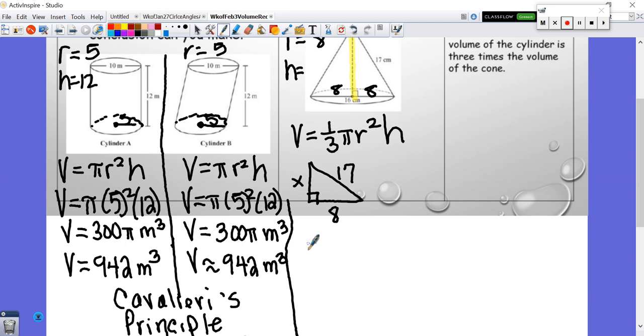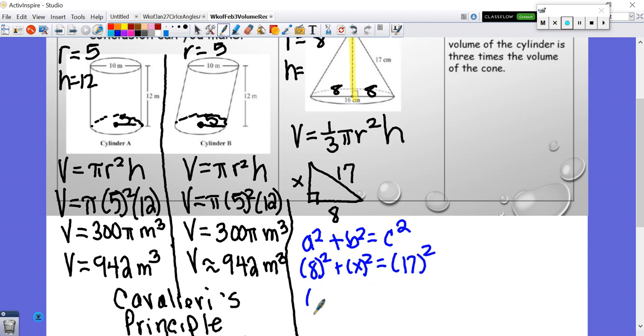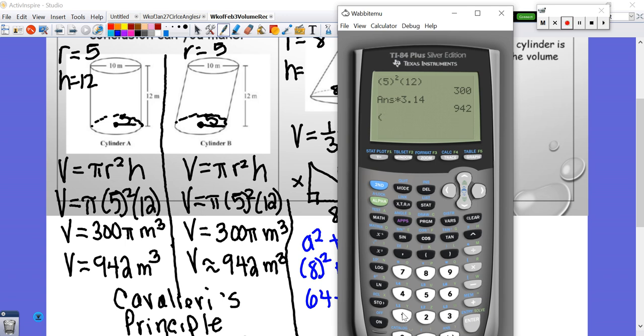We can find the height by using the Pythagorean Theorem. So I'm going to say a squared plus b squared equals c squared. I'm going to substitute in. I'm going to call 8 a, b I don't know, so we're going to say x squared, and c is 17 squared. Okay, we get 64 plus x squared equals 289.